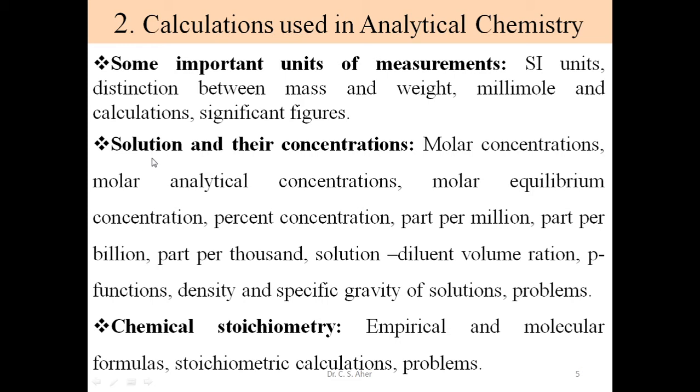The second topic is solutions and their concentrations: molar concentration, molar analytical concentration, molar equilibrium concentration, percent concentration, parts per million, that is ppm concentration, parts per billion, that is ppb concentration, parts per thousand, solution diluent volume ratio, p function, density and specific gravity of solution, and problems based on these concentration units.